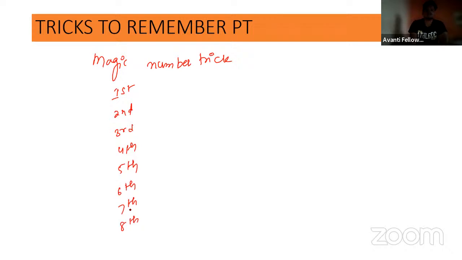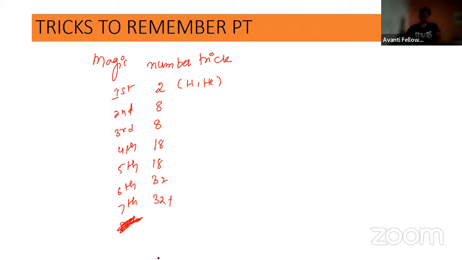We have only 7 periods. The first period consists of 2 elements, namely hydrogen and helium. Next 8, next 8, then 18, 18, 32, 32. Still the 7th period is incomplete, but we consider it as having 32 elements.